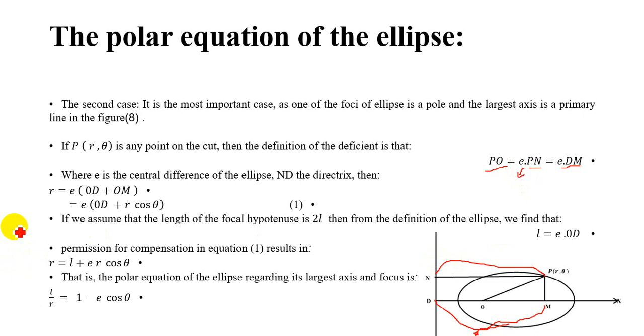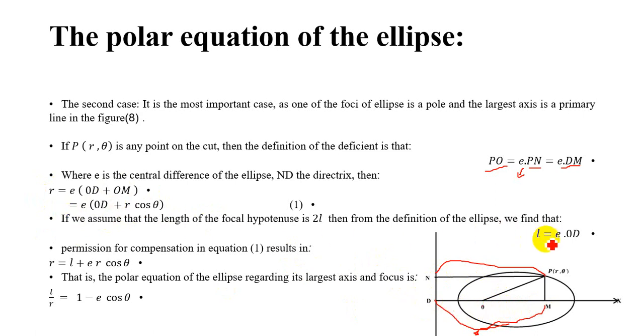Then r will be equal to e times OD plus OM. Where is OD? OD and OM, so all that one. e times OM, that one, will be r cosine theta, and OD is still the same.